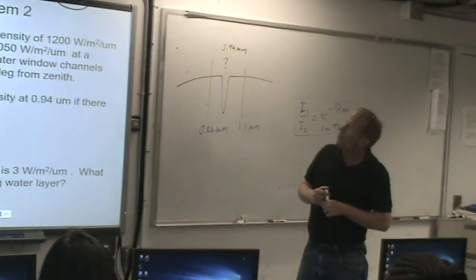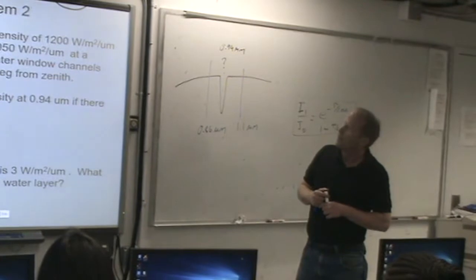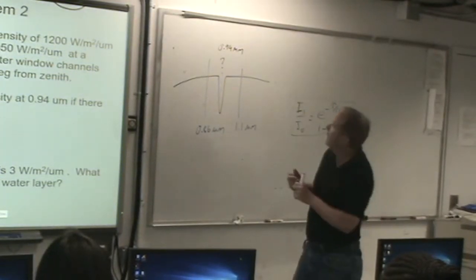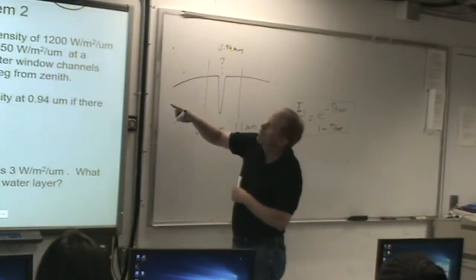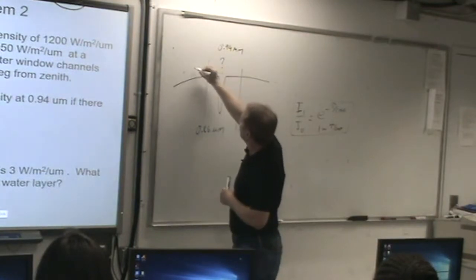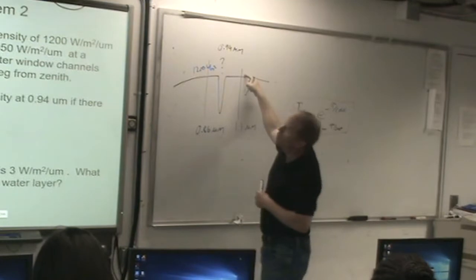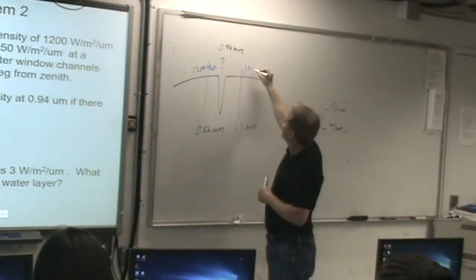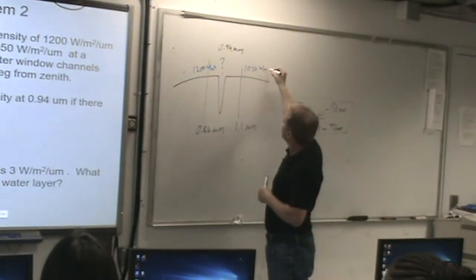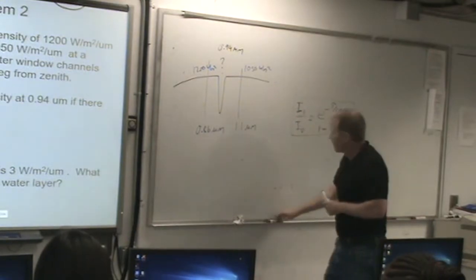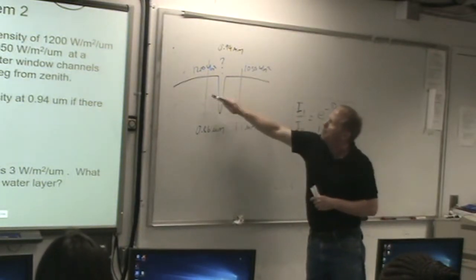Now, we have a couple of intensities here. We have an intensity here of 1200 watts per meter squared. Over here we have an intensity of 1050 watts per meter squared. These both have no absorption.